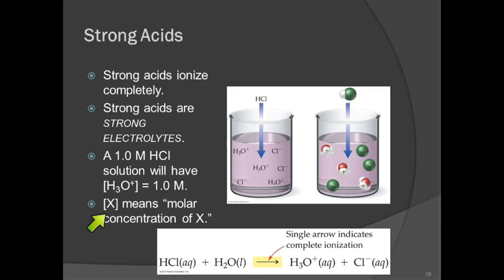When we have a chemical symbol in brackets, that means the molar concentration of X. So [H3O+] means the molar concentration of hydronium ion. When we write this equation, we use a single arrow, meaning it goes completely to ions. It's not an equilibrium that's going both ways.